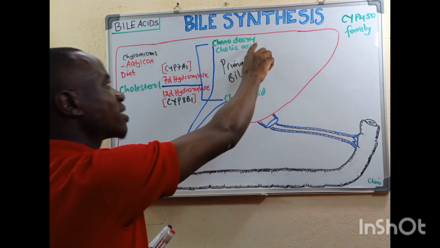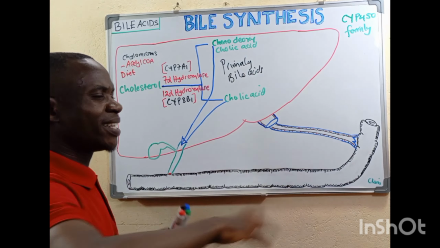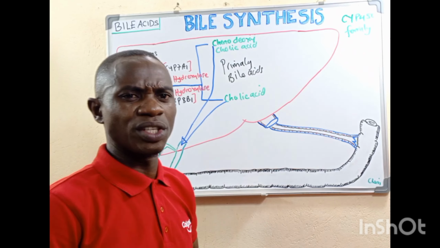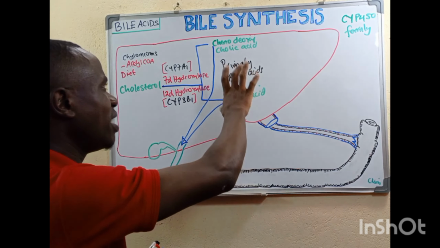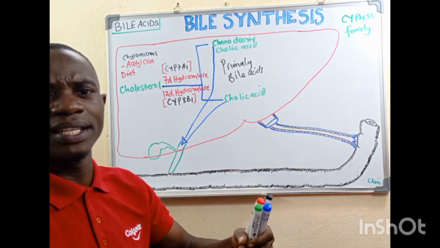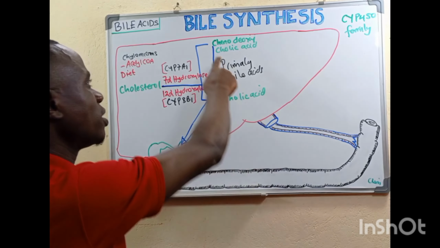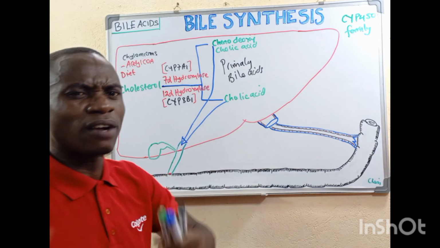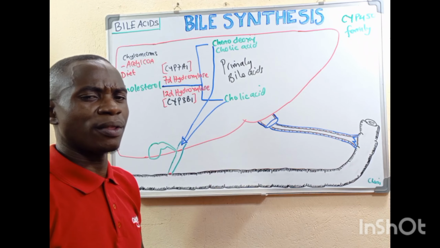However, these primary bile acids are not so friendly with water. So the liver has the ability of conjugating these primary acids into water-friendly bile acids.